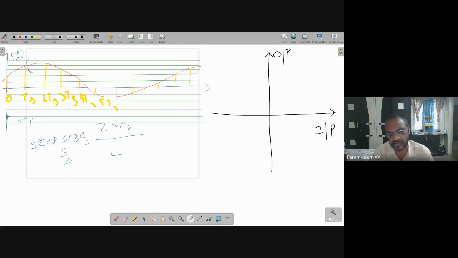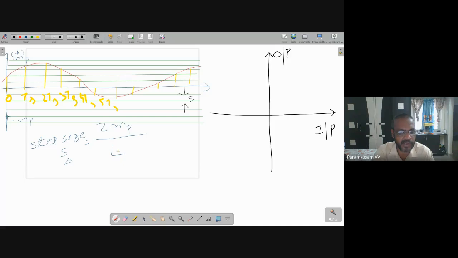Suppose the input lies between 0 and S. This is the step range, the interval of one range, which is S. What is S?